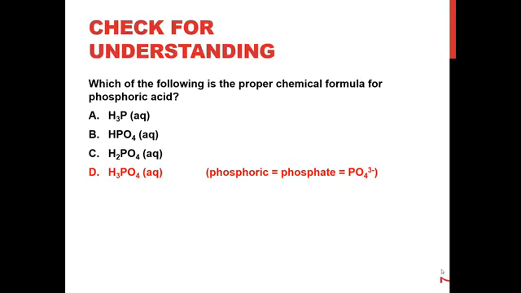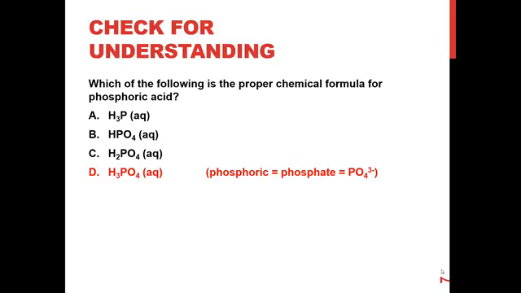We know it's PO4 3- because there was no hydro prefix, which means it's phosphate. And because it's PO4 3-, to make it a compound with 0 charge, we need 3 H pluses, which means it is H3PO4 aqueous, the formula of phosphoric acid.